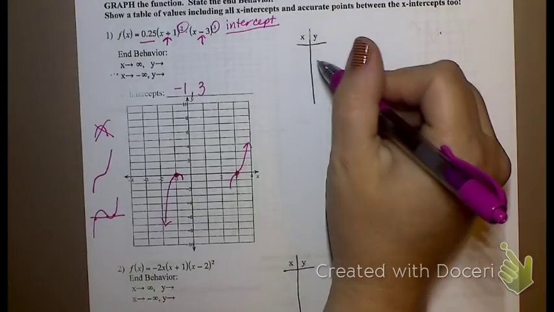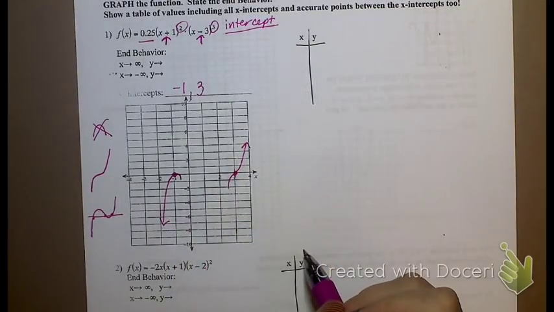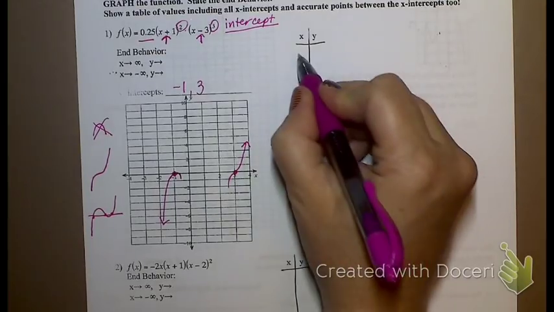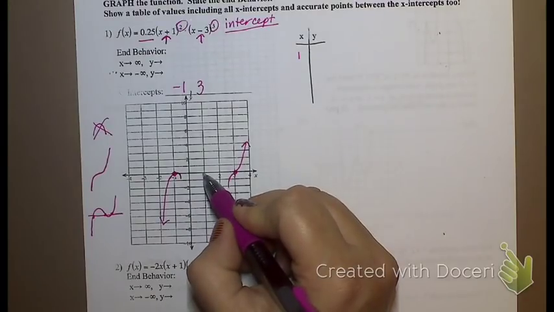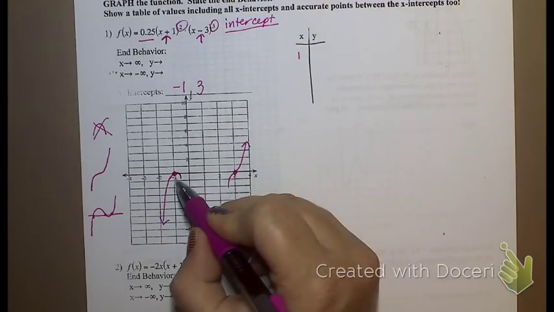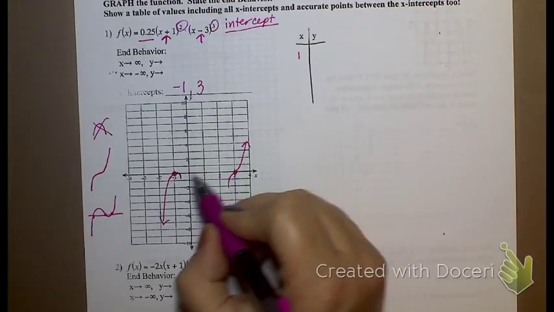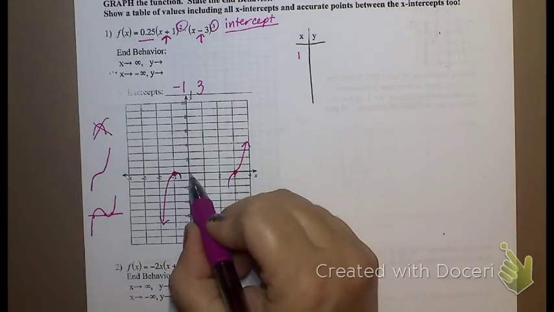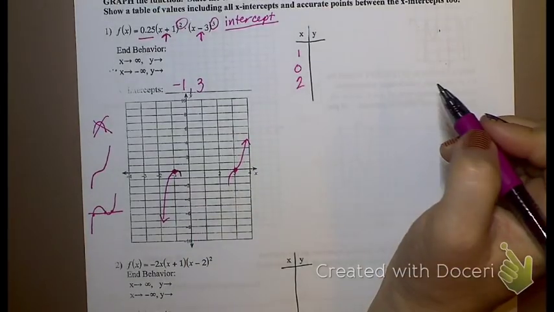Now, what's my XY chart for? What do I need to find out in here? Now, several people just put 1 on their XY chart because 1 is straight in the middle. But what did I say when you have multiple grid lines between your zeros? Do all of them. So 0, 1, and 2 are all points that I want to see on your XY table.